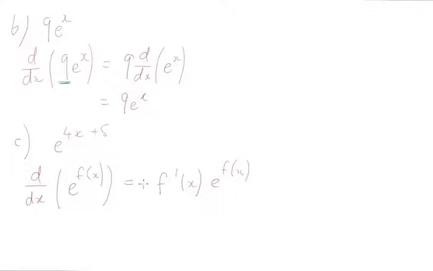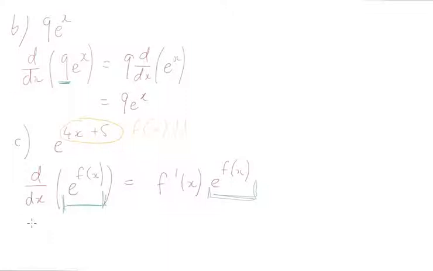So just take note, this here is what you start with. That's what you start with as well, it's the same thing. So we're just differentiating f of x here. My f of x in this example is this up here, so differentiating that is going to get us just 4.